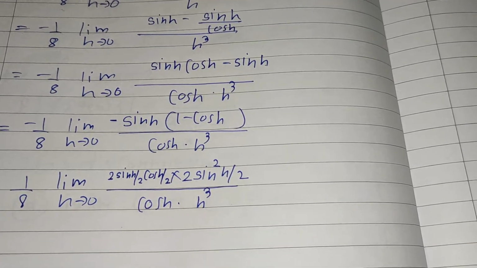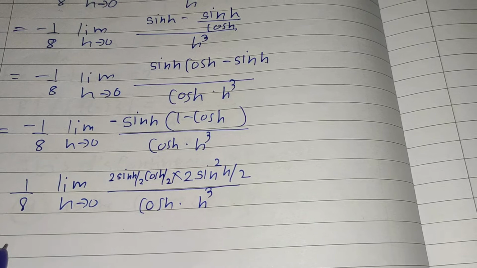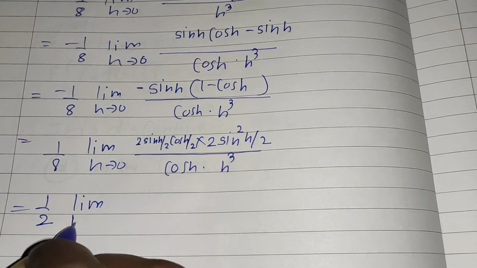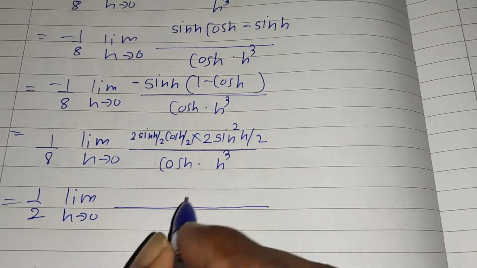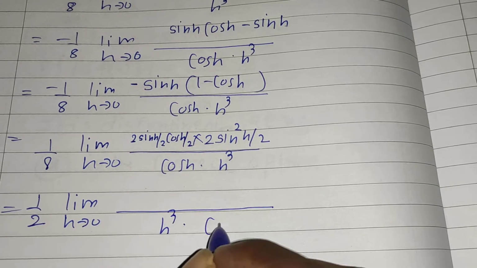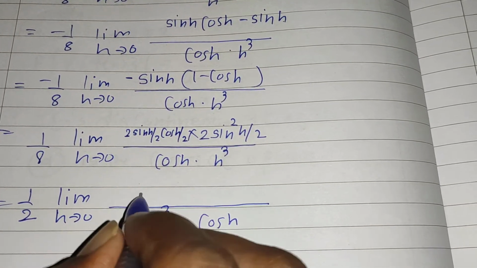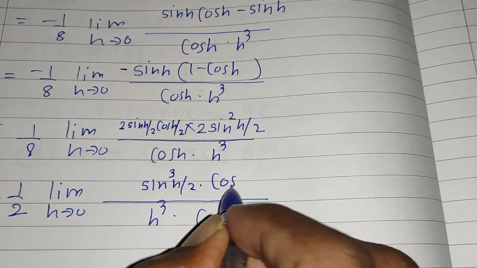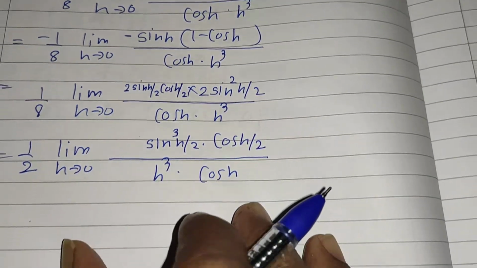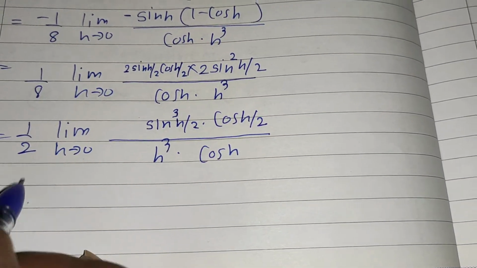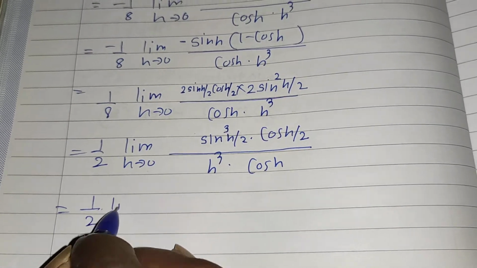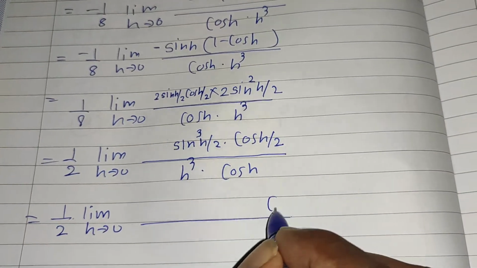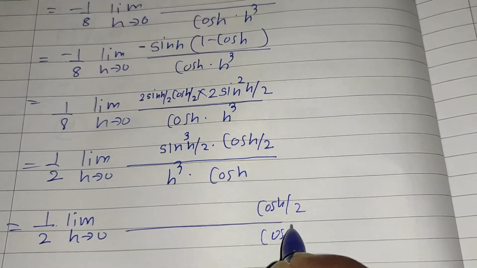Now this 2 taken outside, it will be divided by 2 to the 4. This will become 1 by 16 or 1 by 2 by the adjustment. Limit h tends to 0 divided by h cube into cos h. This will become sin cube h by 2, and this is cos h by 2. Now we have to do some adjustment for application of limit. This cos h by 2 as it is, cos h as it is.